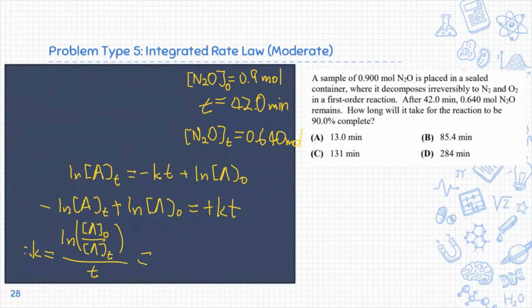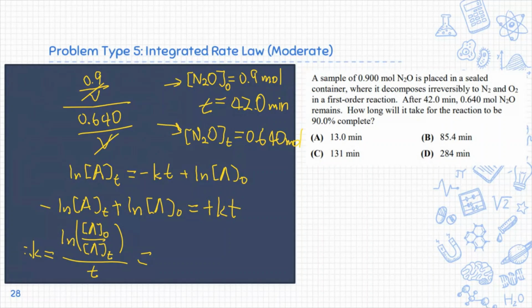Oh, and here's a little bit of a tip. We don't know the volume of this container, but why can I just plug in the mole values here? That is because this and this occur in the same container, so volume is constant. If we know volume is constant, then we know these two cancel out. So it's really meaningless to try to find volume. We can just divide the moles and still get the correct answer. So, you know, neat thing to know.